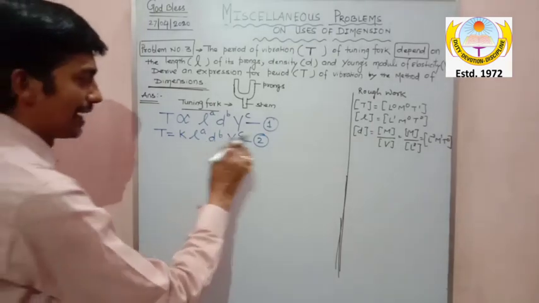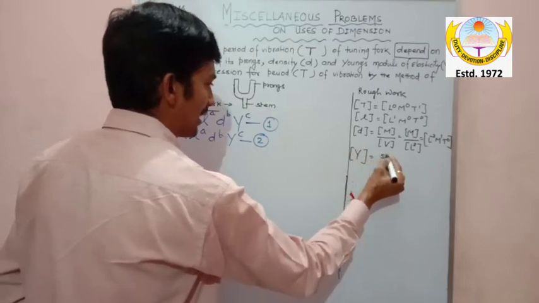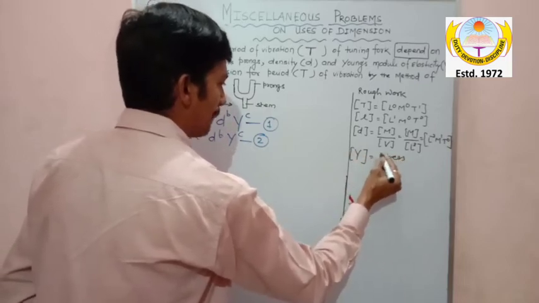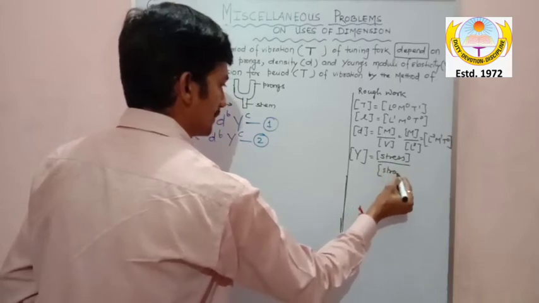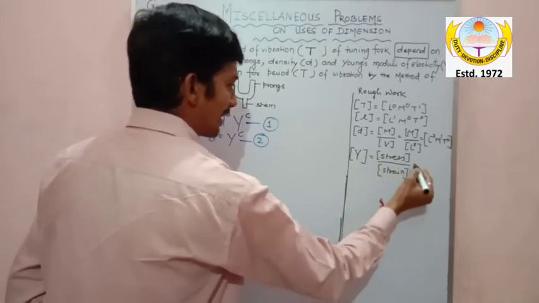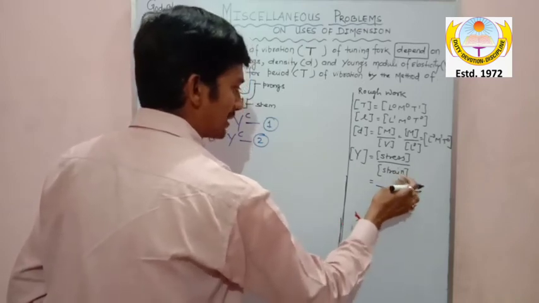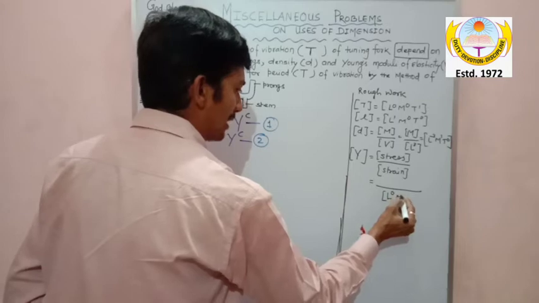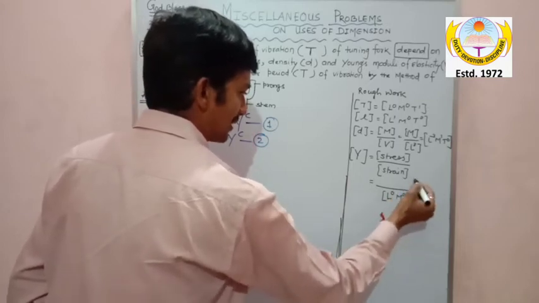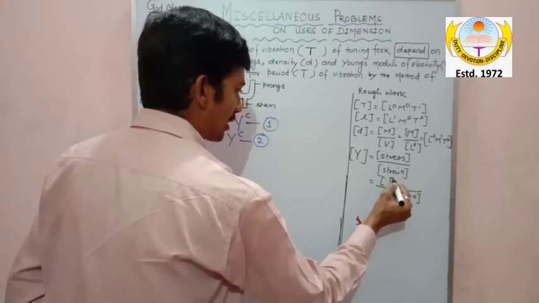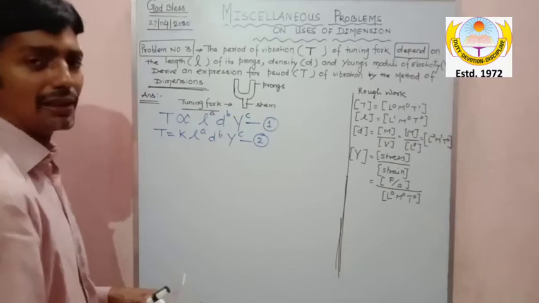And the last is Young's modulus. The dimension of Young's modulus is nothing but the dimension of stress upon the dimension of strain. Sir, strain doesn't have a dimension. Strain is dimensionless, so it is L power 0, M power 0, T power 0. And stress has the dimension of force upon area, that is the dimension of pressure.